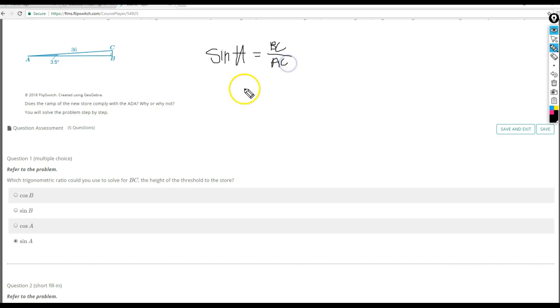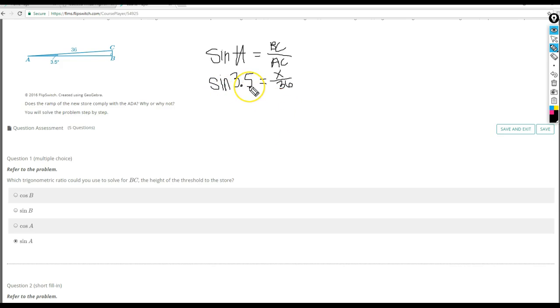So now if we use our substitution property, we will have sine of 3.5 is equal to, I don't know the side length for BC, so I'm going to use x, divided by the side length for AC, which was 36.